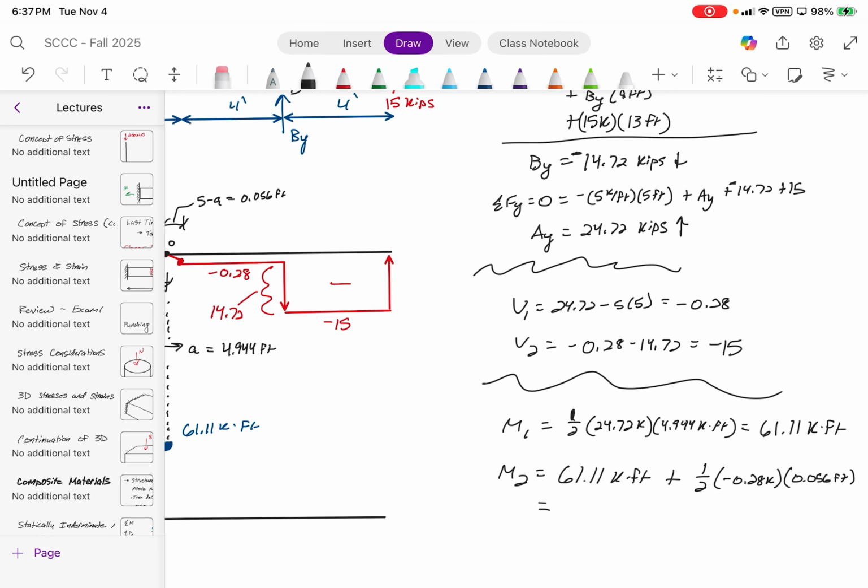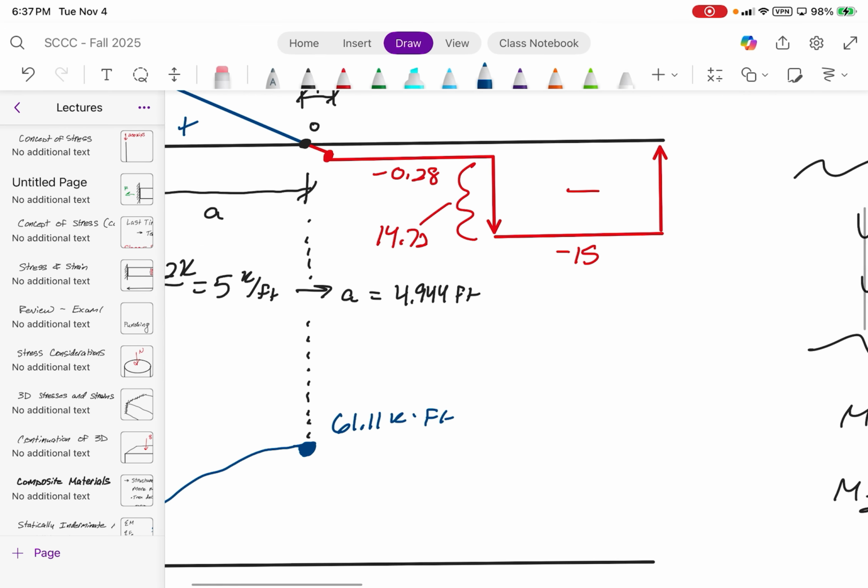And what you'll find is a slight decrease from the 61.11, about 61.10 kip feet. So there's really no change. Very small.